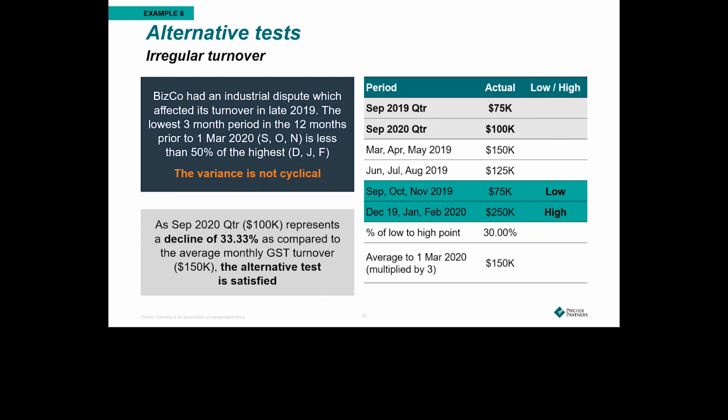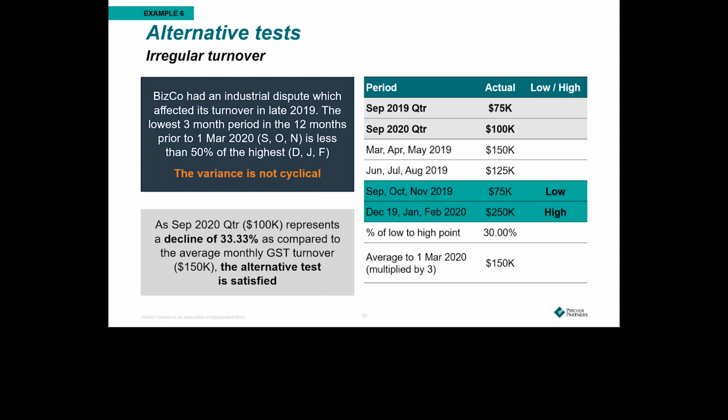What the test allows us to do is to smooth out the turnover over those 12 months. If we add those up, 150, 125, 75, 250, we get $600,000. And effectively, we just divide that by 4 to get a new comparison turnover of 150,000.